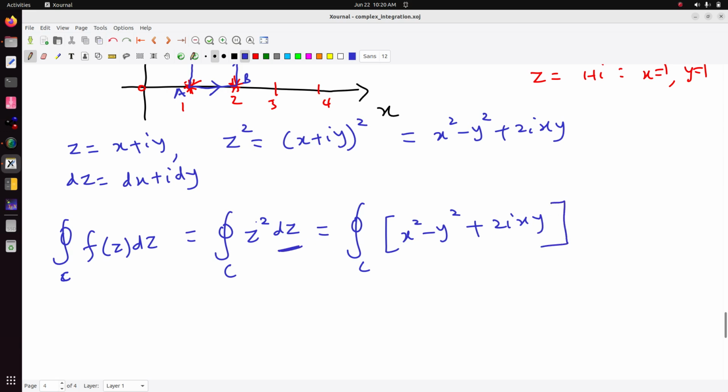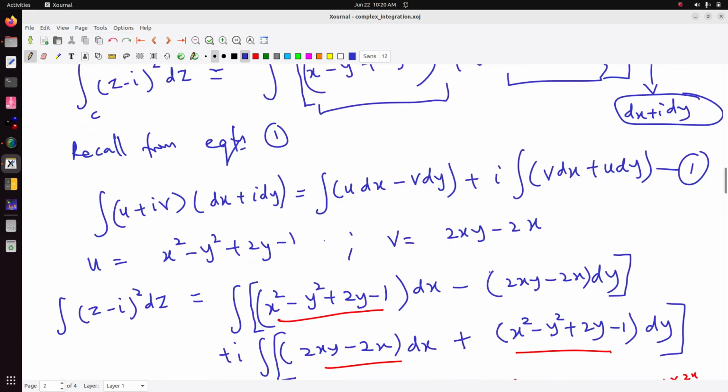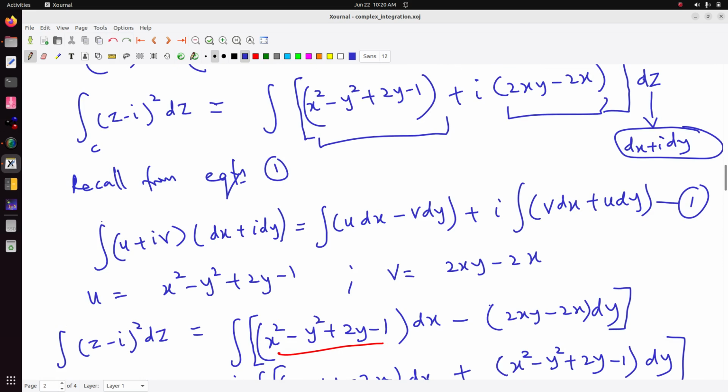Then dz is dx plus i dy. Again, if you use our equation 1, where we said the integral of u plus iv times dx plus i dy equals u dx minus v dy plus i times v dx.